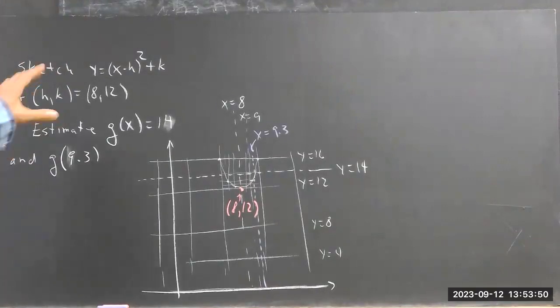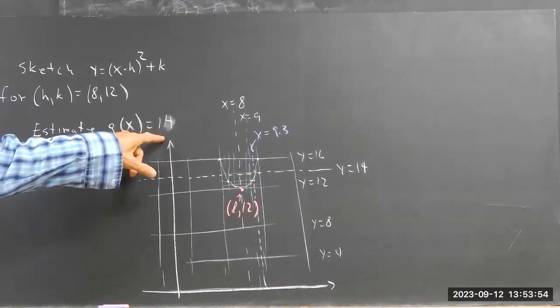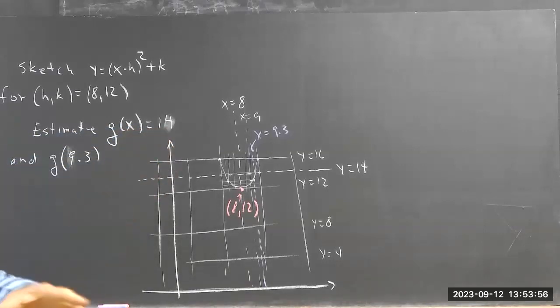And then you could solve this. You could set this equal to 14, expand it and use the quadratic formula, or solve it the way I just showed you, without having to use the quadratic formula. Okay. Now, I didn't ask you to do those different solutions.